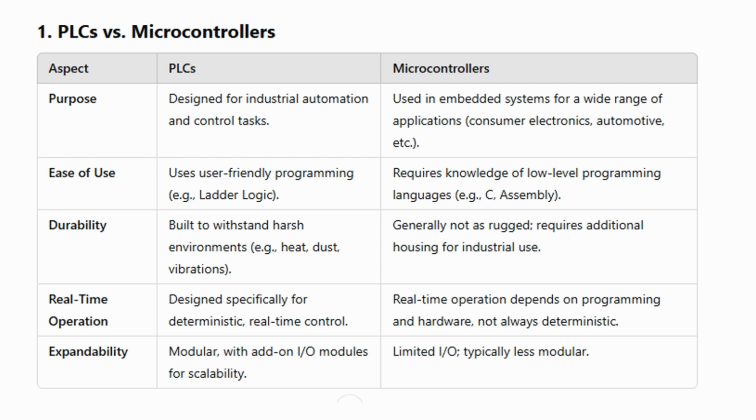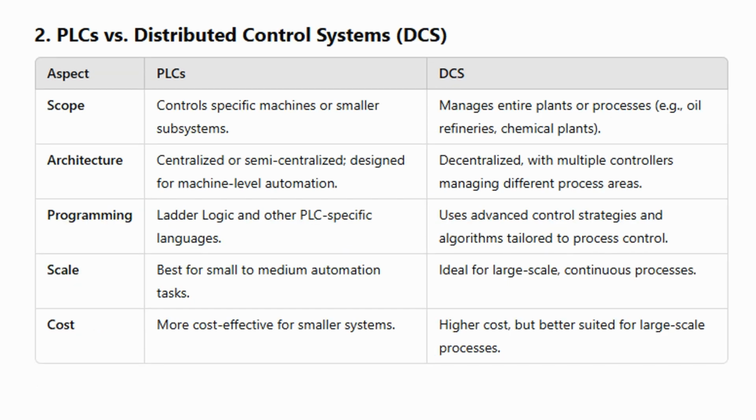And as far as expandability goes, a microcontroller has very limited I/O. They're usually a lot less modular, whereas PLCs are built to be modular with add-on I/O modules. So it's really easy to add additional inputs and outputs. You may have heard of DCS or distributed control systems.